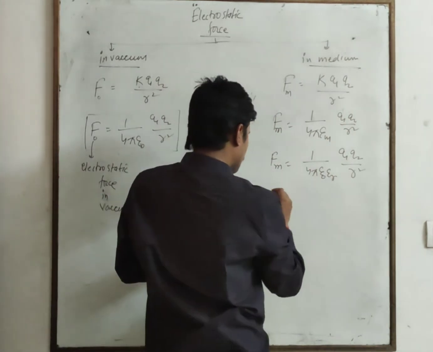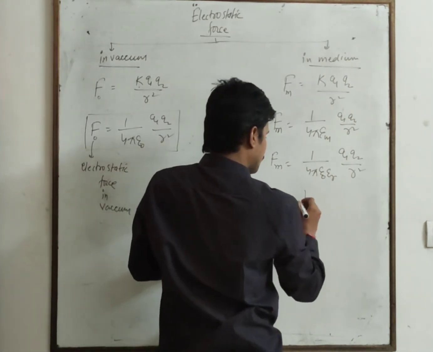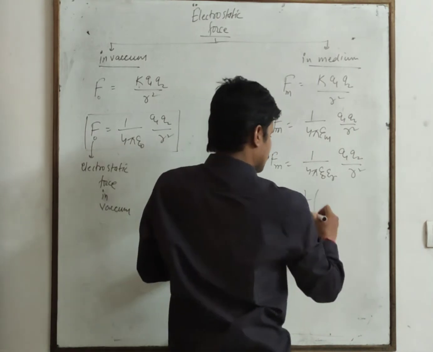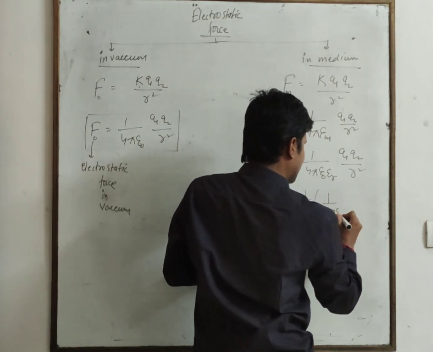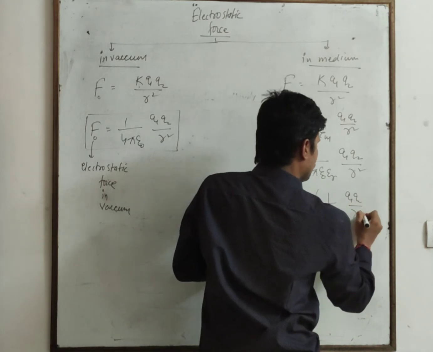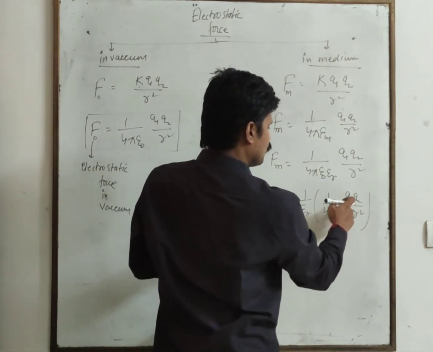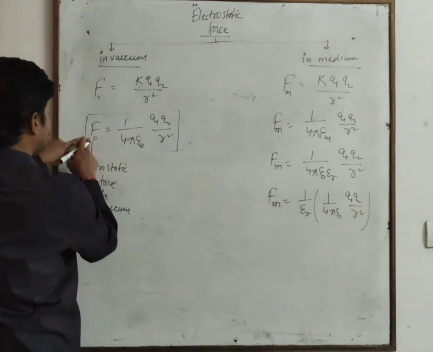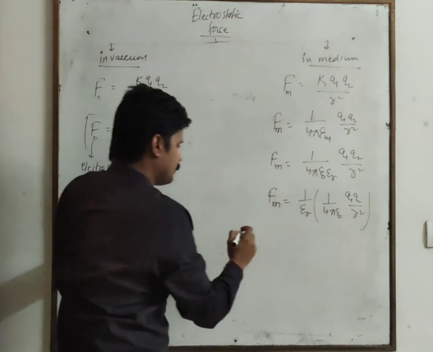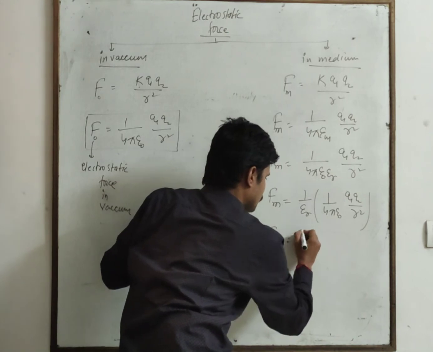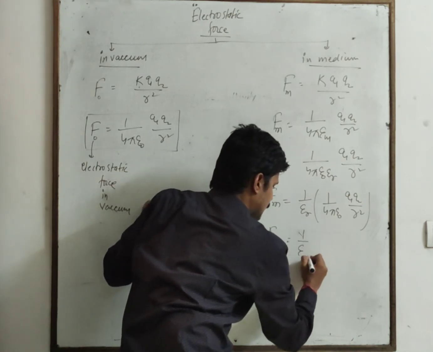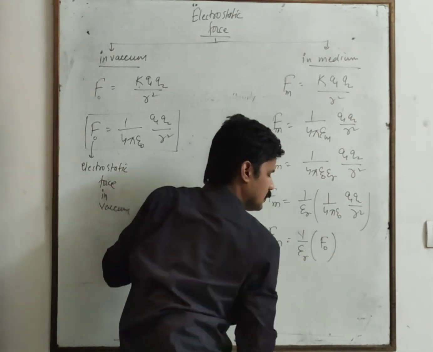Then we can write 1 upon epsilon r into 1 upon 4 pi epsilon naught Q1 Q2 upon R square, and this is equivalent to F naught. Then Fm is 1 upon epsilon r into F naught.